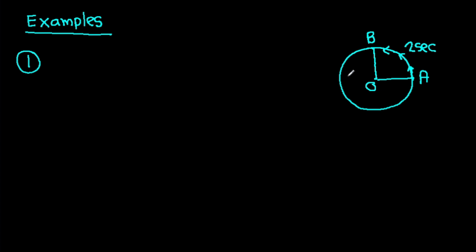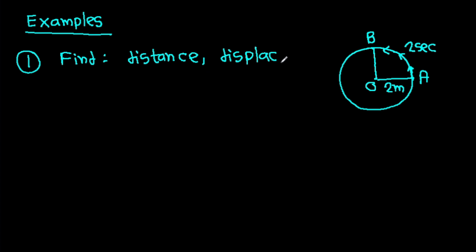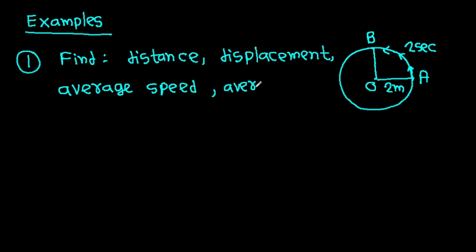Radius of the circle is 2 meters, and we have to find distance, displacement, average speed, and average velocity.